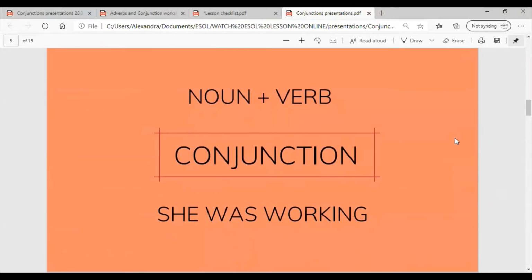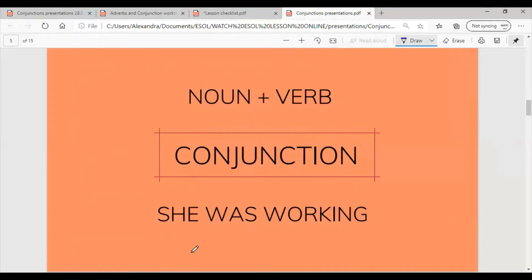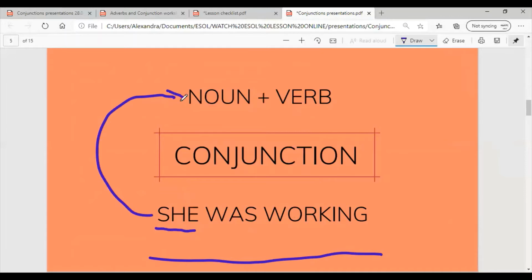So how does this work in practice? If we look for our noun in this sentence here, in "she was working", the "she" is our noun because that's the person, the place or the thing, so it's the person, and that is our noun. Whereas "working", with its ing ending, is our verb in this short sentence. That leaves us with "was".